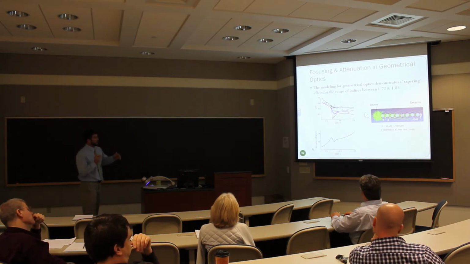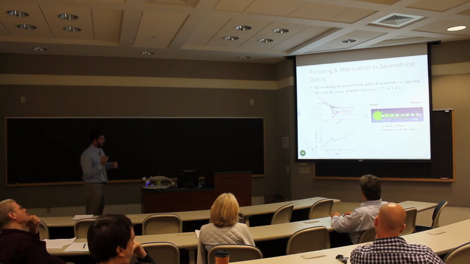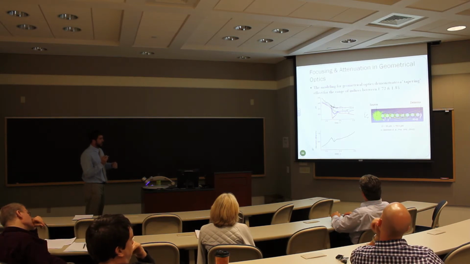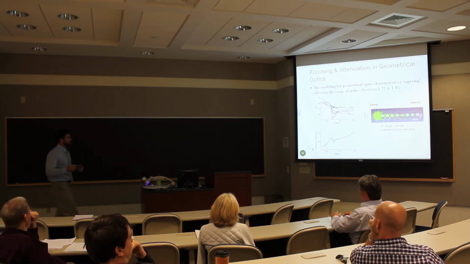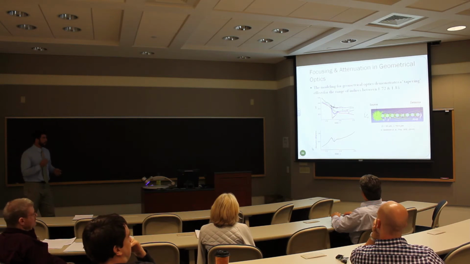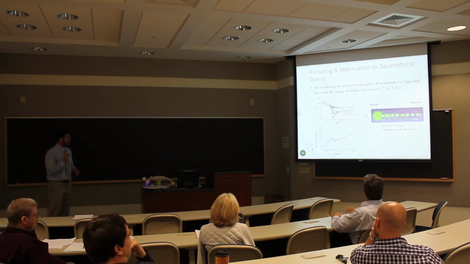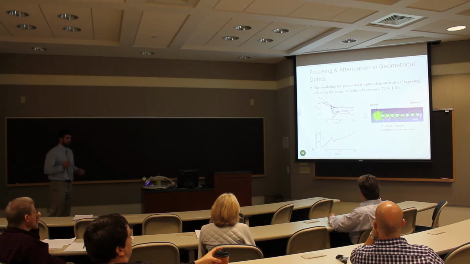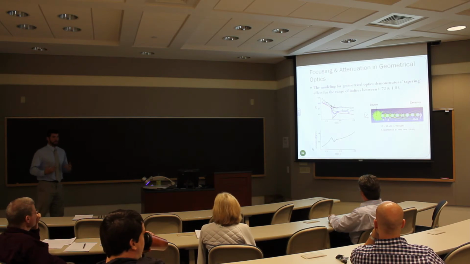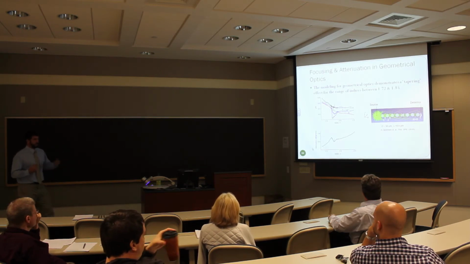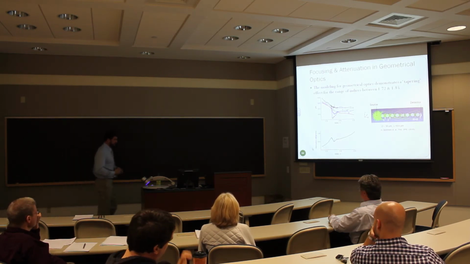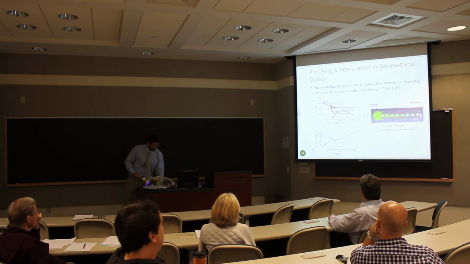By looking at this plot, you can tell that there is some focusing effects happening in this region from roughly 1.7 to 1.9 index of refraction. And then in that same region here for the attenuation, you can see a local minima. So we can say that these focusing effects, or periodic focusing effects, are leading to smaller attenuation.